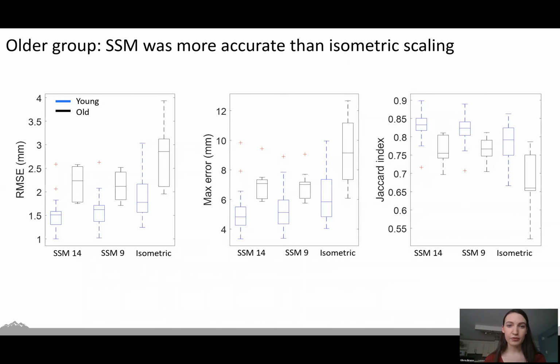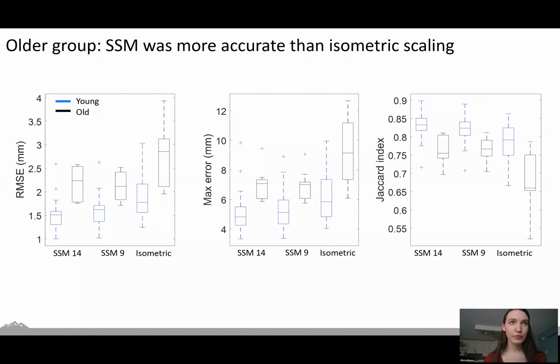Now comparing the old and young, the errors were larger in the older group, but absolute values are still quite good, on the order of values reported in those previous studies that we talked about, and still 25% better than isometric scaling for root mean square error and maximum error.